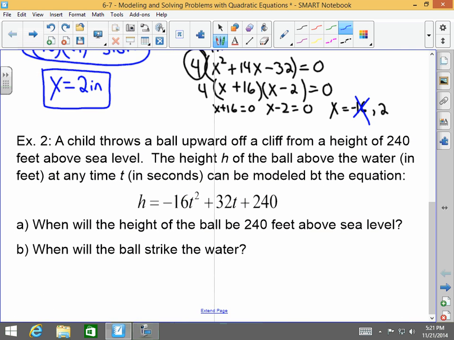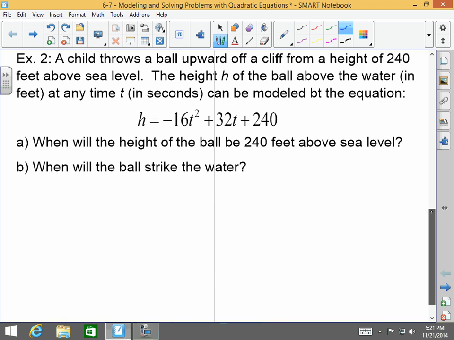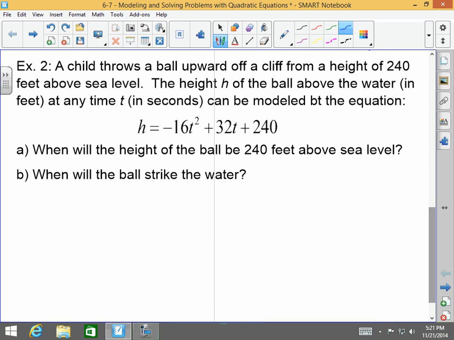A child throws a ball upward off a cliff, a height of 240 feet above sea level.